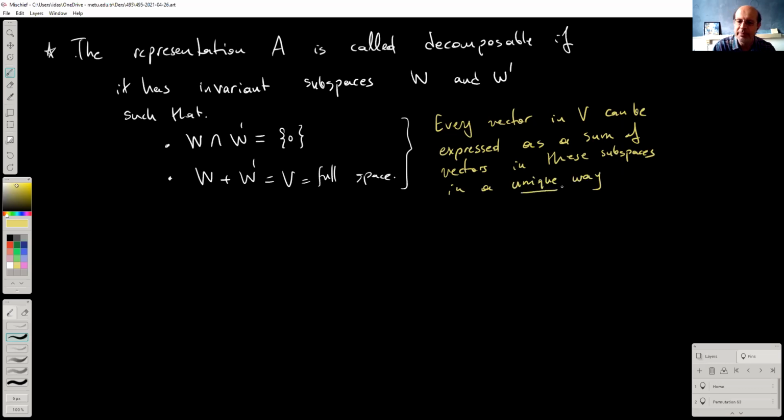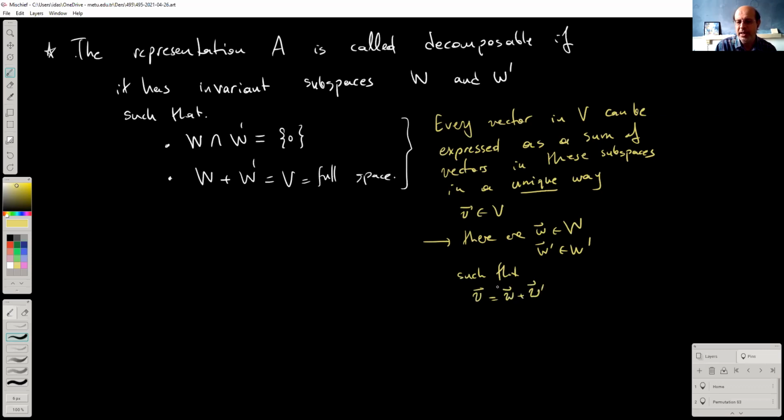That's essentially what it means. So if I have a vector in the full space, I can find vectors w in W and w prime in W prime such that v is equal to w plus w prime.